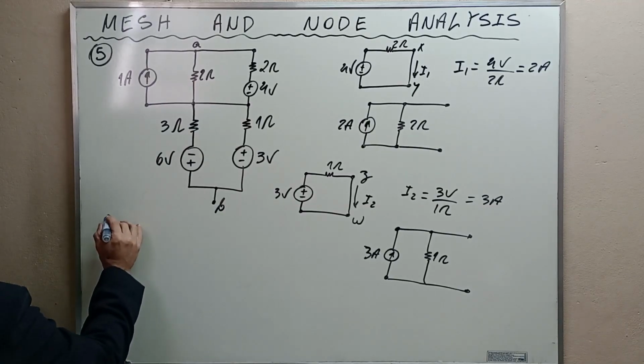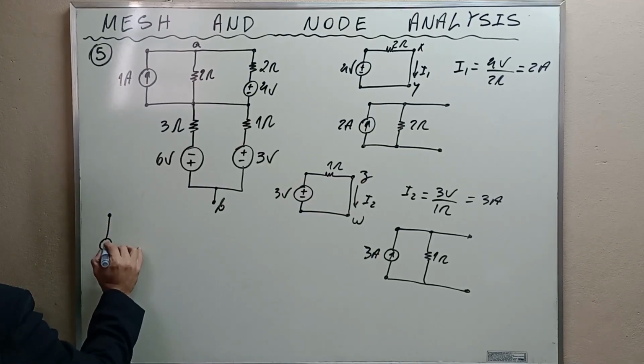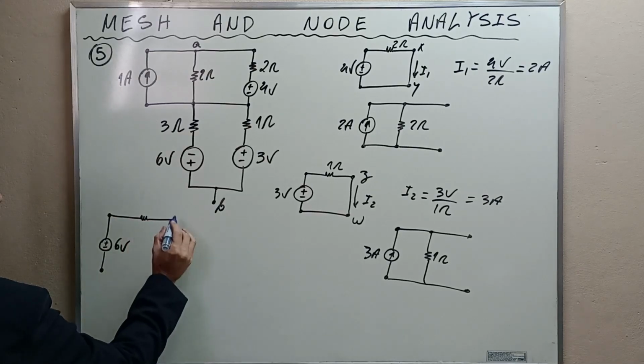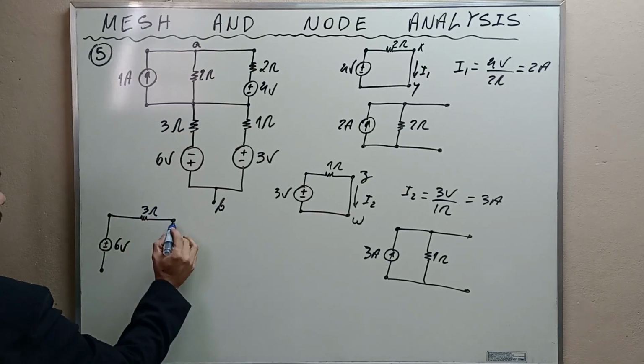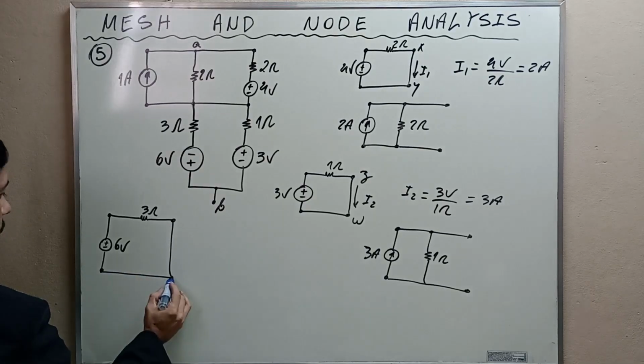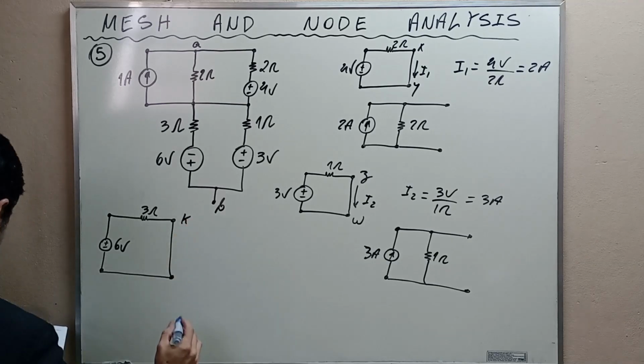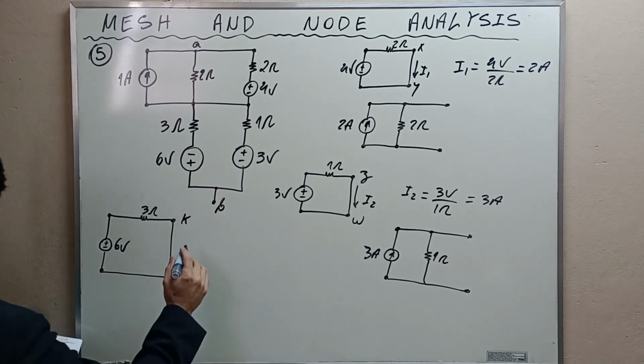The voltage source will be here, 6 volts, 3 ohms, and here the output terminals short-circuited.